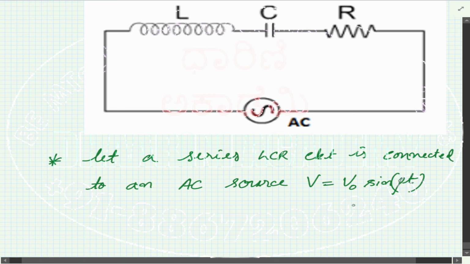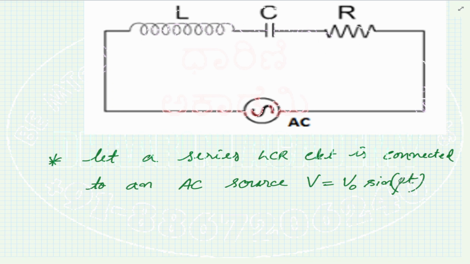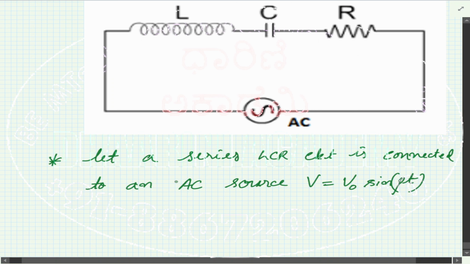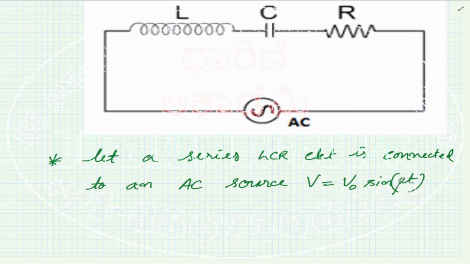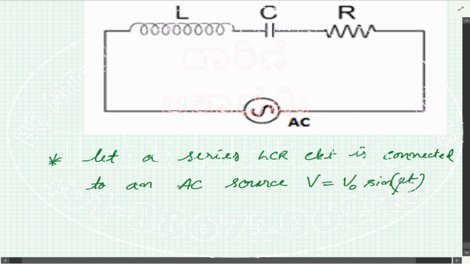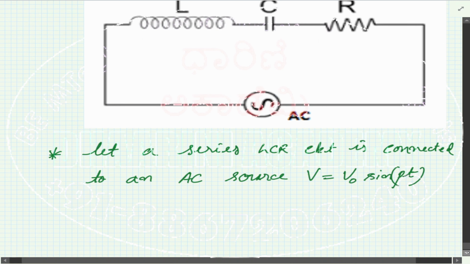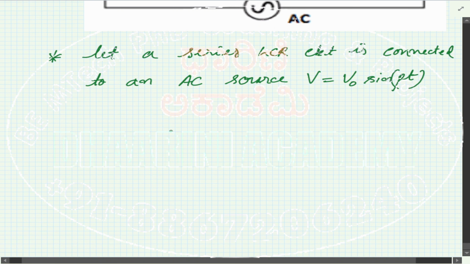What is the frequency of the oscillation? It is p by 2 pi, because p looks like omega for me, so omega by 2 pi is the frequency. When we need we can use it. Now in a series circuit we can calculate the voltage across each of the devices and add them to get the power supply voltage. So we can write the voltage across L, voltage across C, and voltage across R.